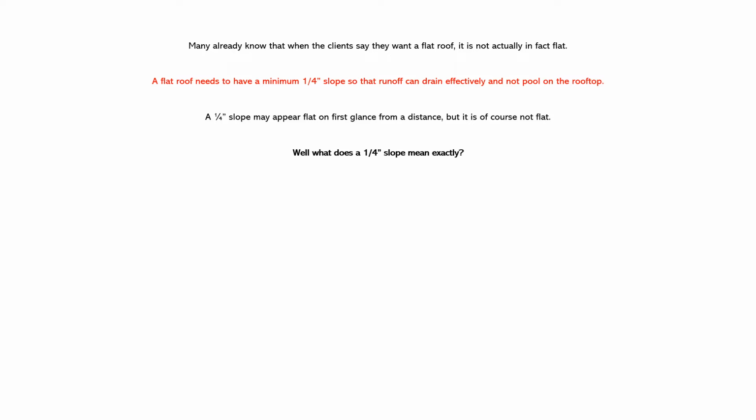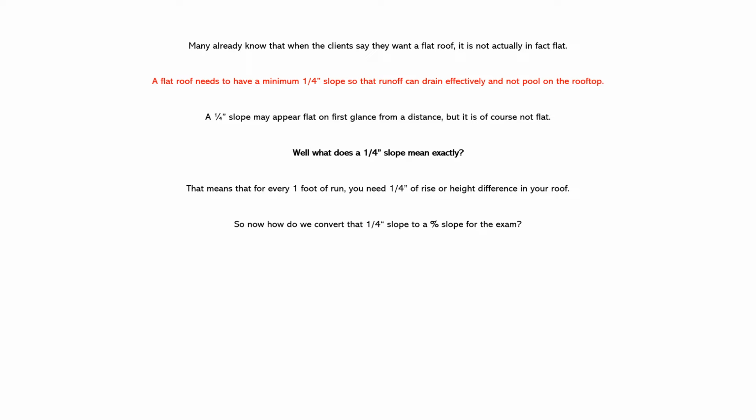So what does that 1/4 inch slope mean exactly? That just means that for every 1 foot of run, you need 1/4 inch of rise or height difference in your roof. So how do we convert that 1/4 inch to a percentage slope for the exam, for instance? Just simply calculate how many times does 1/4 inch go into 1 foot. I'll give you 5 seconds.